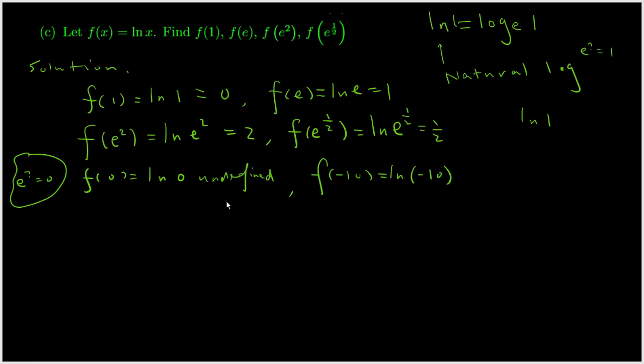If you use wrong notations, you could confuse yourself. Again, the negative sign here is essential. Otherwise, the notation does not make sense. This one is undefined as well. Again, e to whatever power is equal to a positive number. E to no power is negative. So this one is undefined.